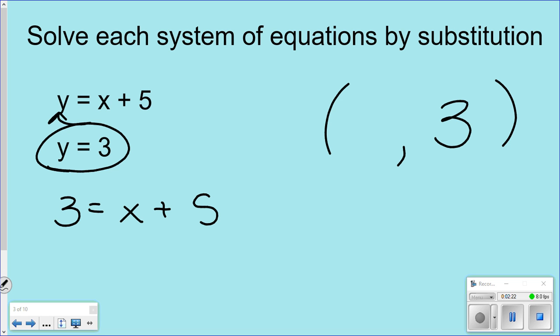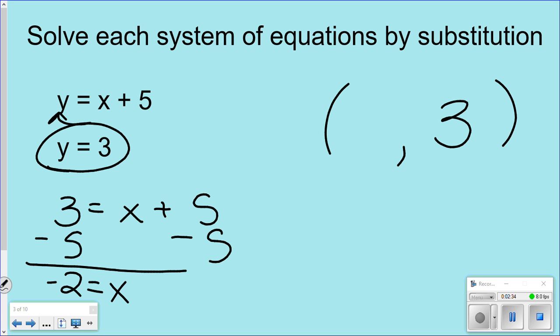I take 5 from both sides, remember? If I take 3, I can't, because that leaves me nothing on this side. So minus 5, minus 5. What's x going to be? -2. That would be my answer for this solution, for this type of system.